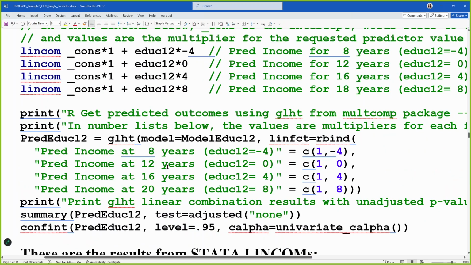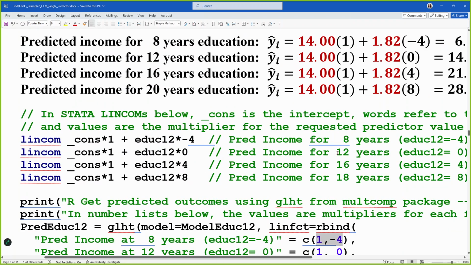So what this is saying is, okay, go into my model output. I would like 1 fixed intercept of 14, please. And then I would like you to add to it -4 times the next fixed effect, which is the slope of 1.82 for education. So these values are the multipliers that go into your equation in the spots, in order of the outputs.